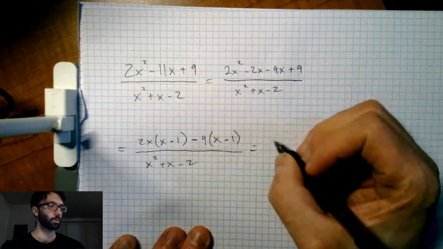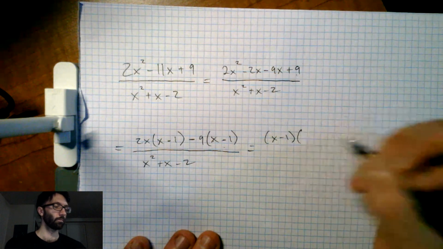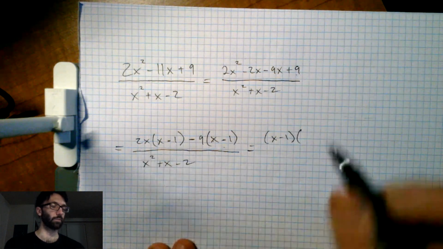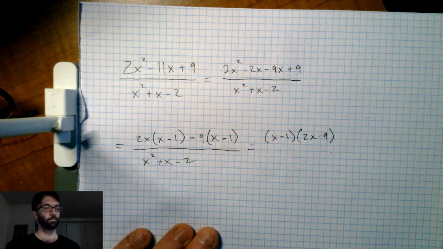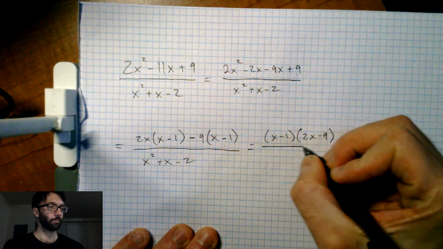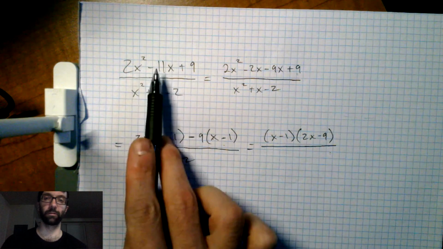Okay, so I'm going to factor out x minus 1, and that's going to leave me with 2x minus 9. All right, and this is the factored form of this numerator here.